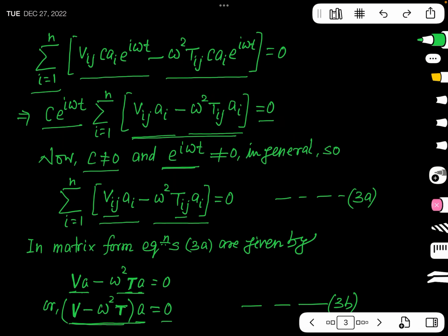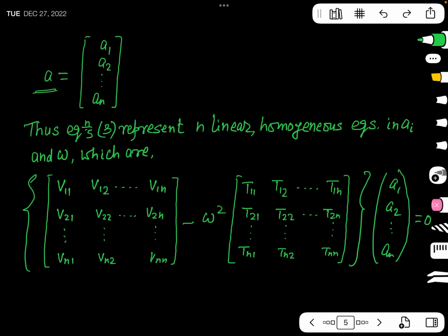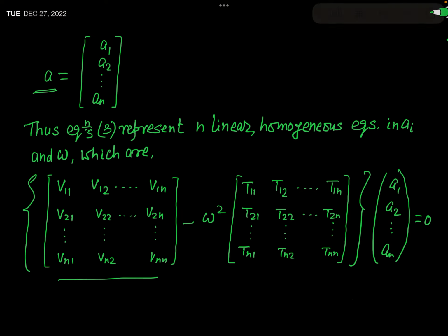Then you can see after substituting these matrices, our result will be like this. That is, matrix V minus omega square matrix T operated on this column matrix A1, A2, and so on to An, and that will be equal to 0.